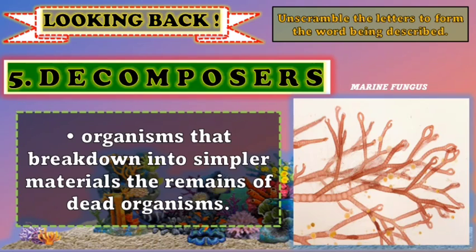As you can see in the examples, the picture of worms or the marine fungus is an example of decomposers. Usually these worms can be found in rotten fruits or in dead animals.